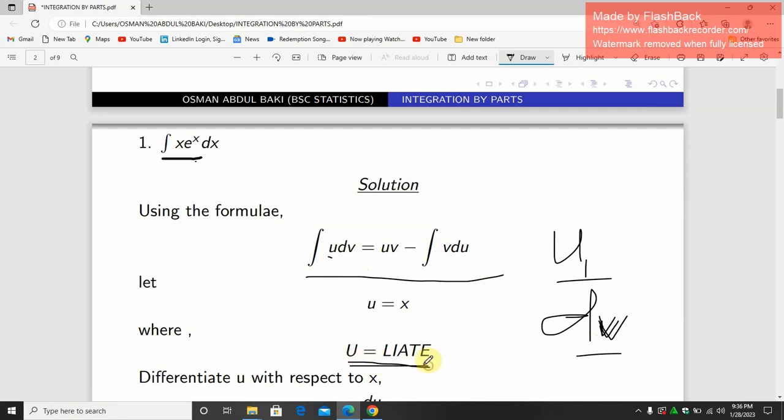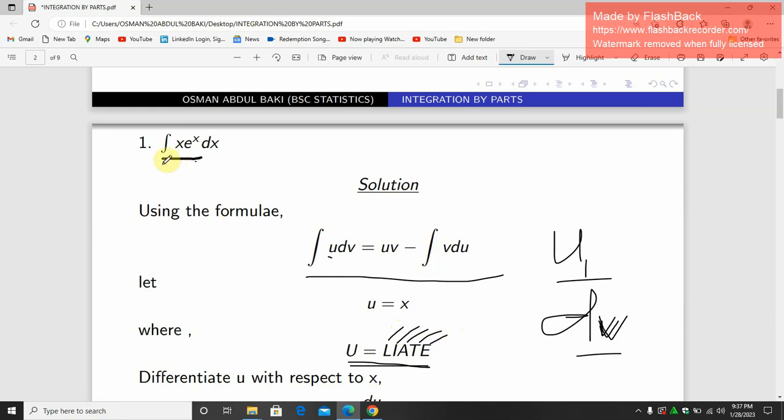In every proper or improper integral question where you have to use the method of integration by parts, you have to know what u means, and u must take these functions, abbreviated as LIATE: L stands for logarithm, I for indices, A for algebra, T for trigonometry, and E for exponential.